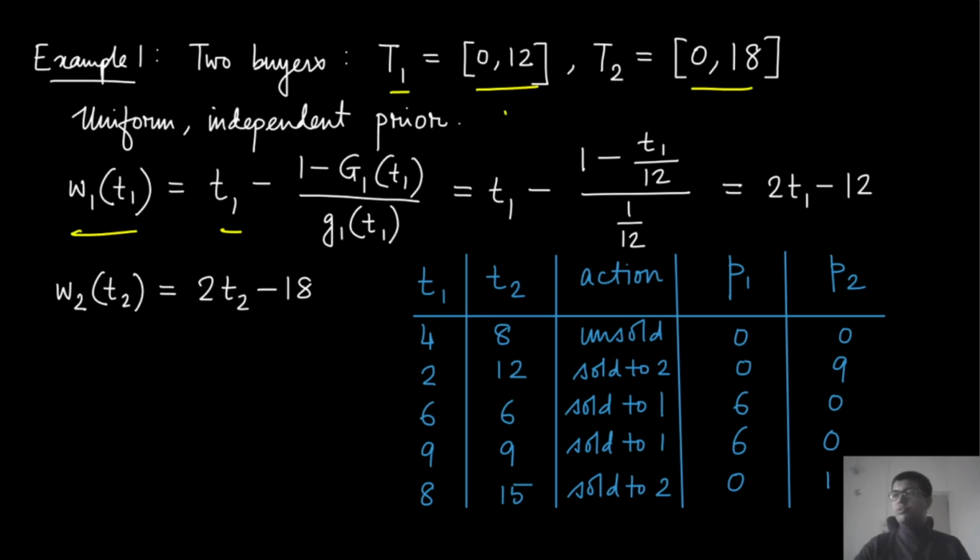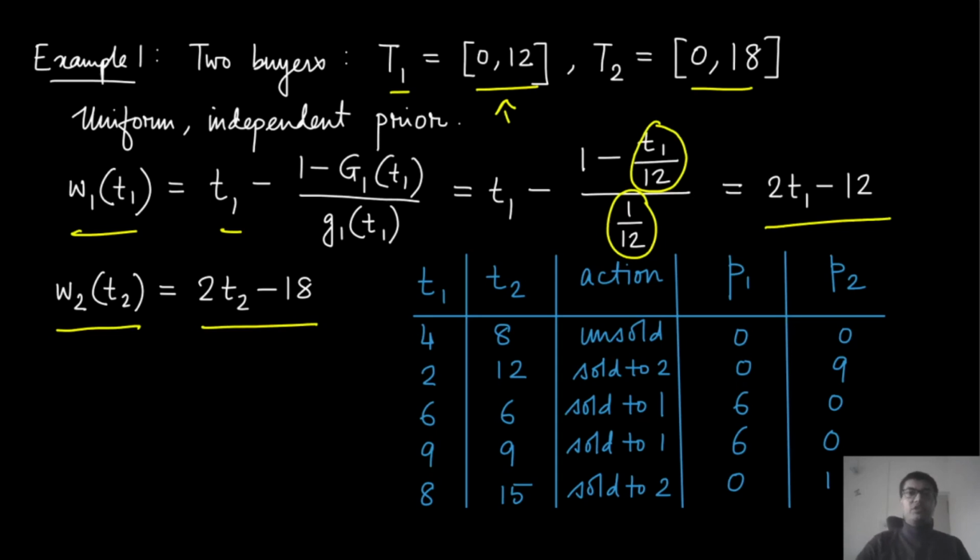Because this is uniform between 0 and 12, the density is 1 by 12, and that probability is equal to t1 by 12. So g1 of t1 is t1 divided by 12. The density, as we said, is 1 by 12. Simplifying, we get 2t1 minus 12. Similarly, the virtual valuation for player 2 is 2t2 minus 18.